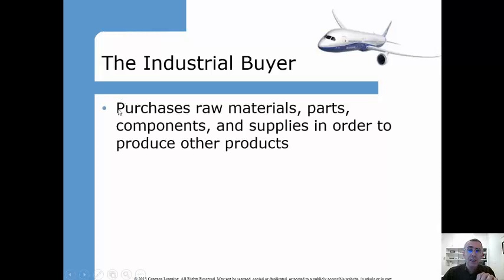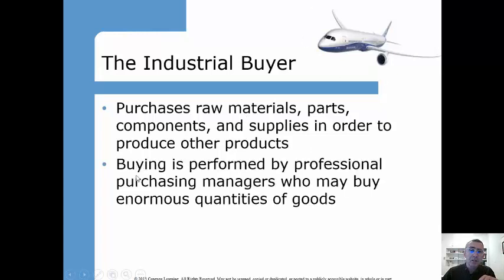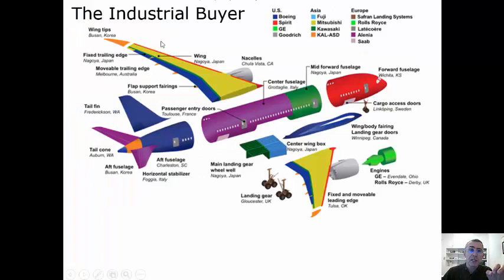In this case, Boeing, the industrial buyer, purchases raw materials, parts, components, and supplies in order to produce other products, right? If you're going to make an airplane, you have to buy the motors, etc. So buying is performed by professional purchasing managers who may buy enormous quantities of goods. Not only that, but Boeing is a multinational American corporation, so you're buying from all over the planet. There's an example of that with the Boeing Dreamliner in terms of sourcing.